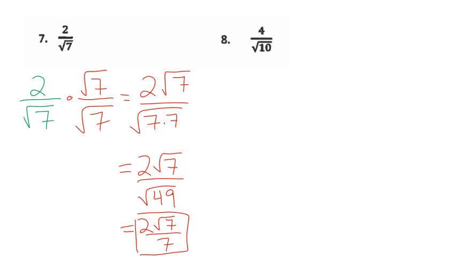And then finally for the last part, I have root 4 over radical 10. I have to rationalize. So we get 4 radical 10. And then this is over radical 100, which is 10.